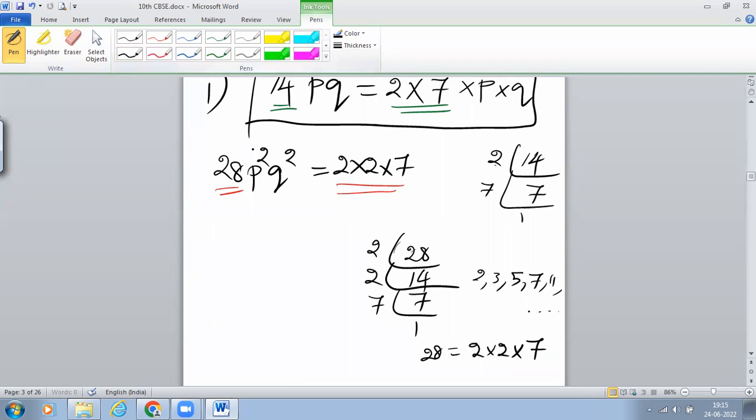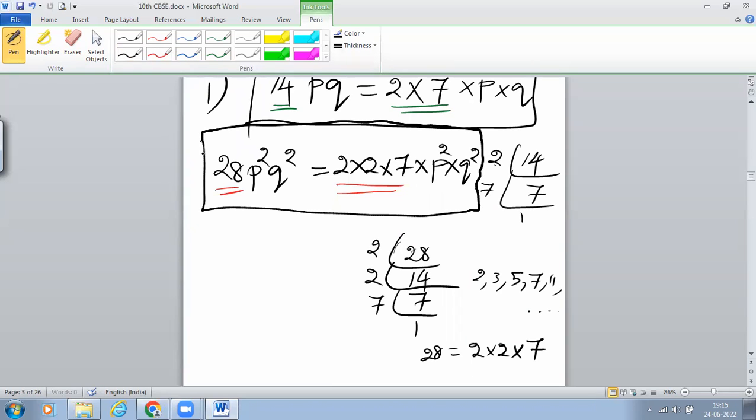Next, into, we have p square, right? Into p square, we can write as it is, p square. Okay, no problem. Into p square into q square. Now we have factorized this. Okay, this is the factorization of 28 p square q square. Okay, please complete up to this one.